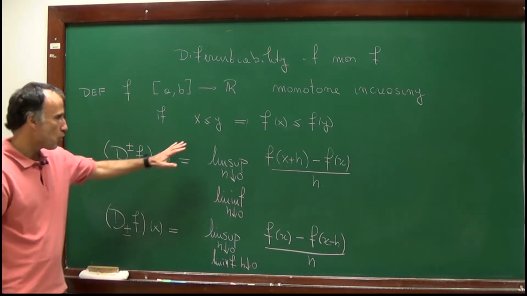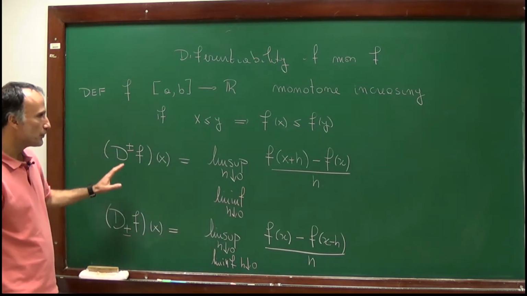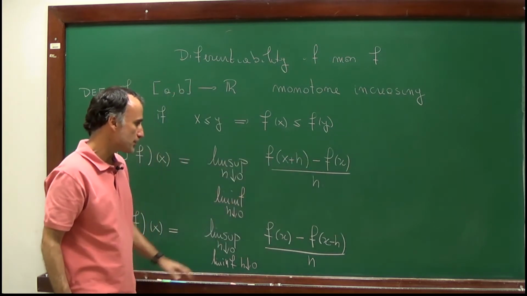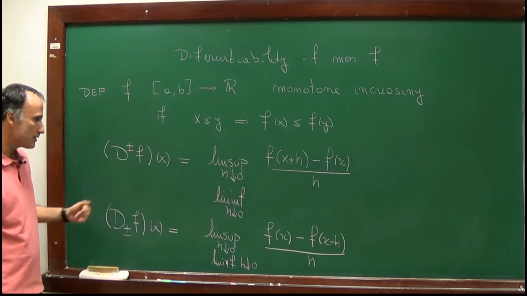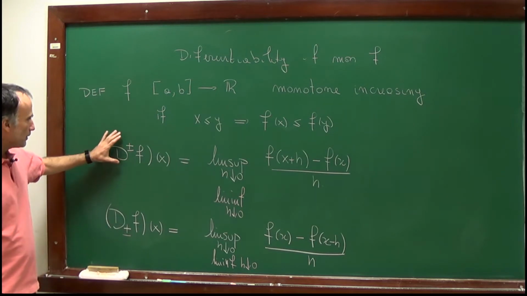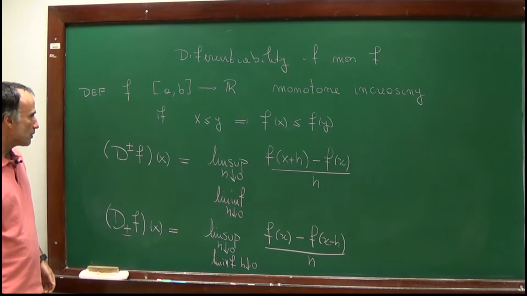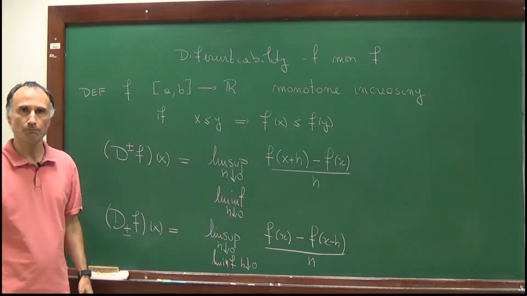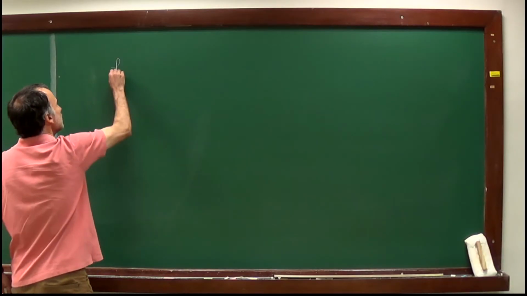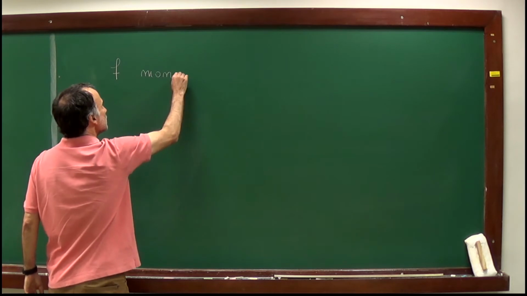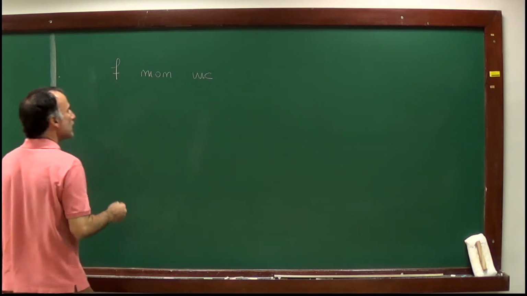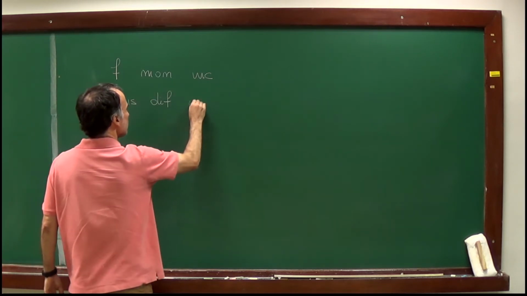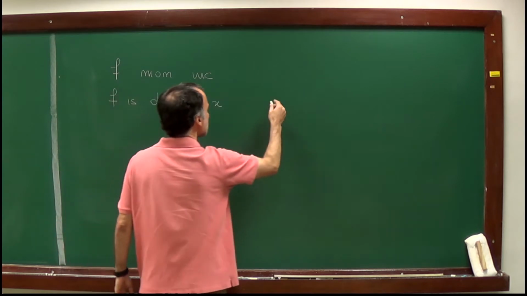These objects are all well defined. Observe that they are non-negative because f is monotone increasing. So these quantities are all non-negative, and therefore the limit is non-negative. And I will need these quantities in order to say what I mean by a function to be differentiable at one point, which is what I'm going to do now. So if f is a monotone increasing function, I will say that f is differentiable at x if all four quantities are equal.